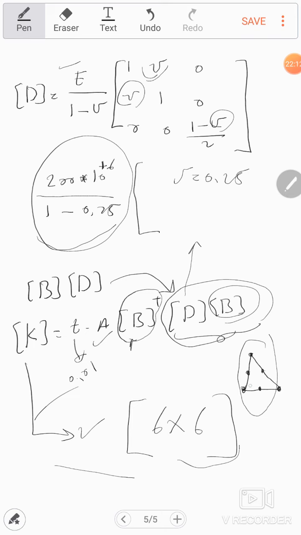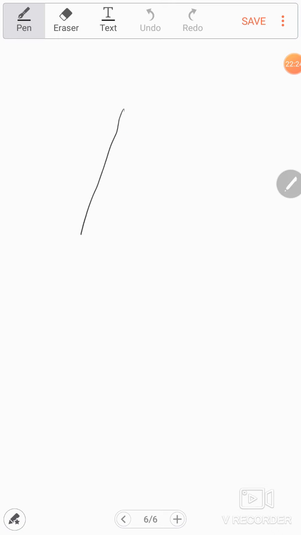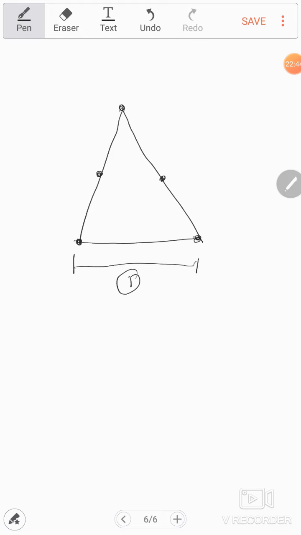For example, this triangle is one element only, but for this one we have 2 elements, because in the finite element method we take the element from one node to another node.